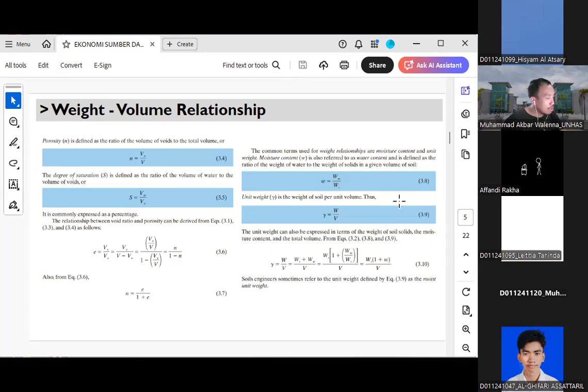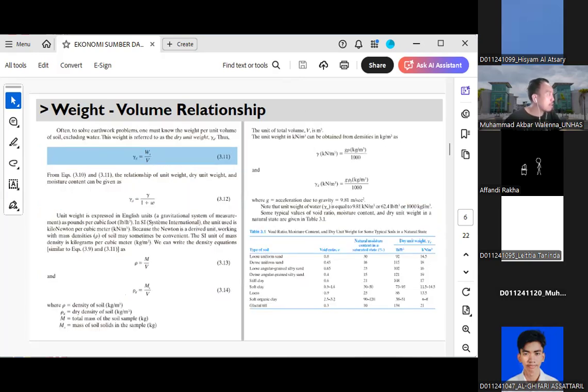Now we are moving on to the next one. Now we are going to encounter a new terminology, which is gamma D. I think it is quite intuitive to say that the small d after the gamma represents the level of dryness of the soil itself.